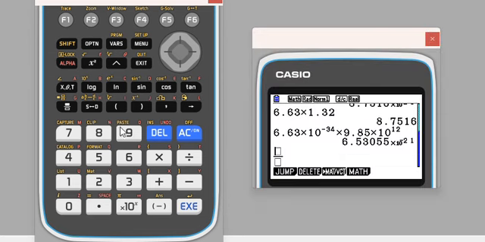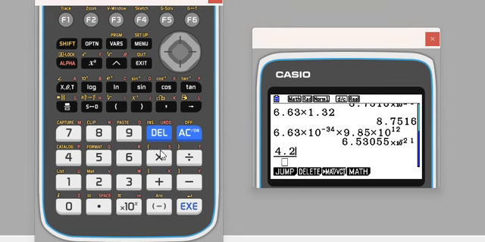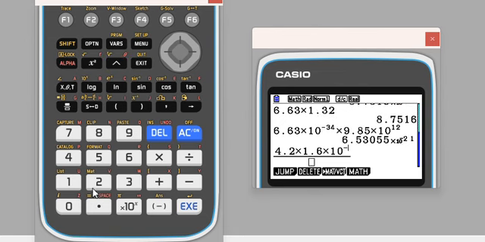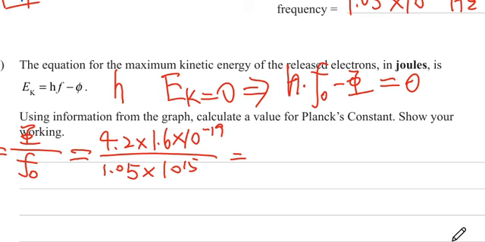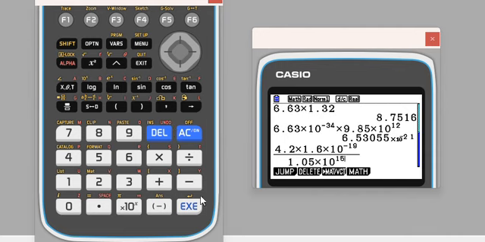So it is going to be 4.2 times, sorry, it should be 1.6 times 10 to the power of negative 19, over 1.05 times 10 to the power of 15, if I'm not mistaken.